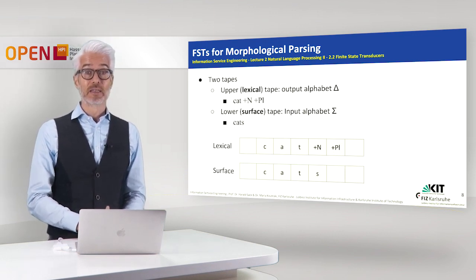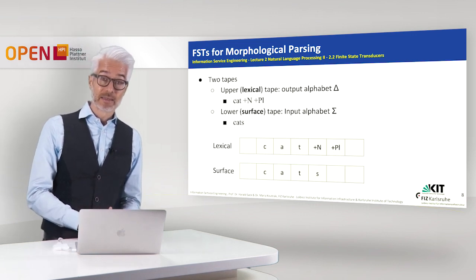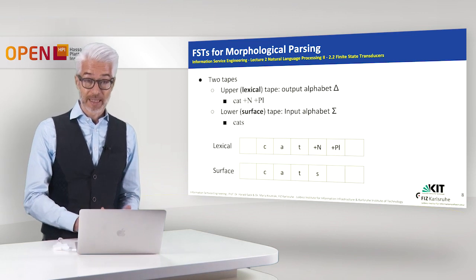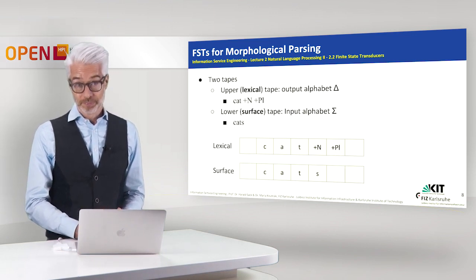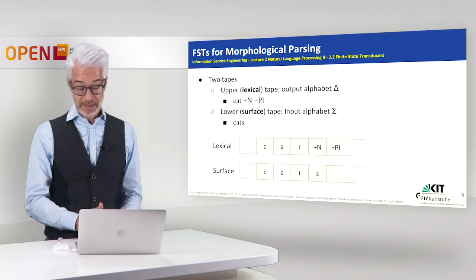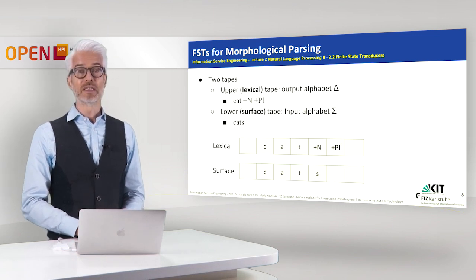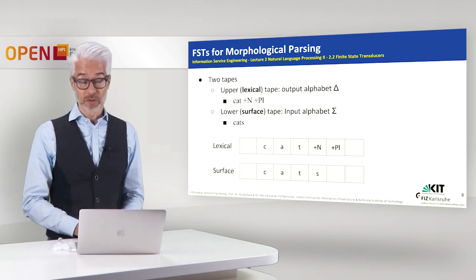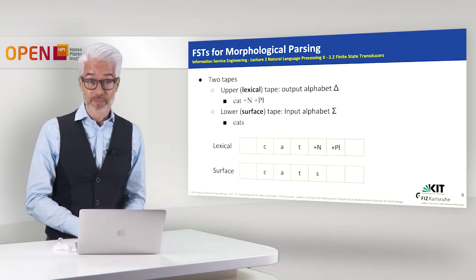And then, of course, it's morphological analysis, so cat is a noun, and of course cats here was plural. So exactly you see here in the lexical tape what we expect to be the output of this input.